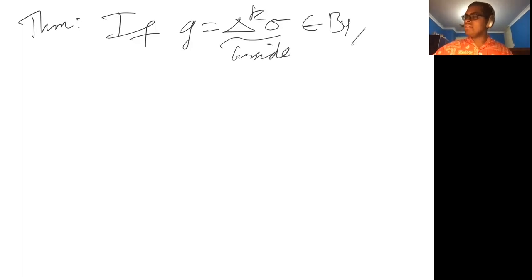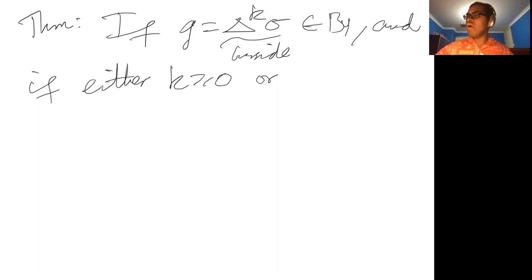So this is essentially the main theorem of my paper. It's the following: if you take G in B4, we can write it in Garside normal form. We can always do that. If G equals delta to the k sigma is in B4, this is the Garside normal form. And if either k is at least 0, or sigma is a normal braid, this is terminology that I will define.